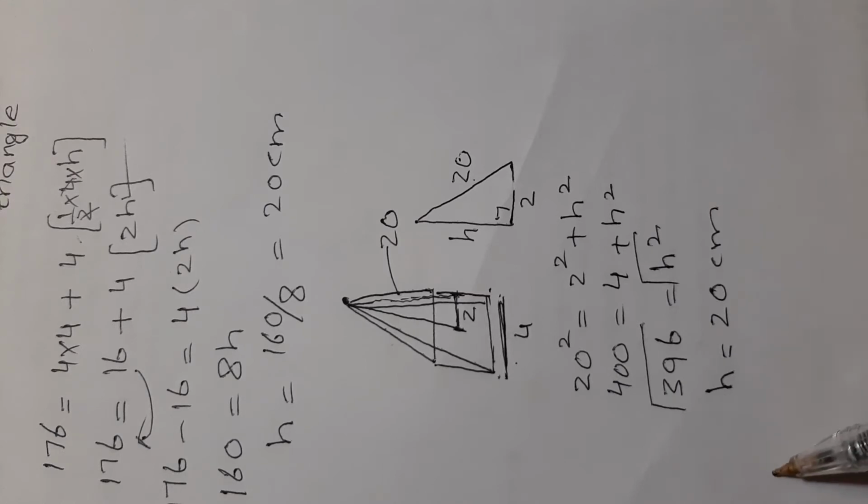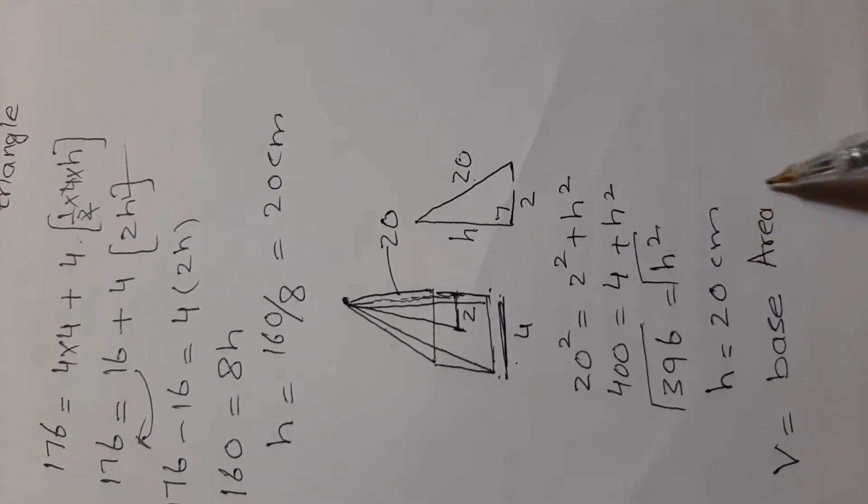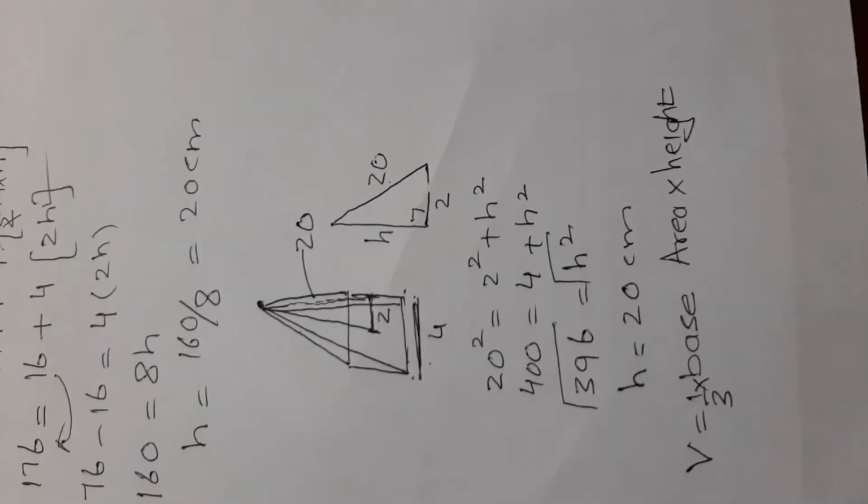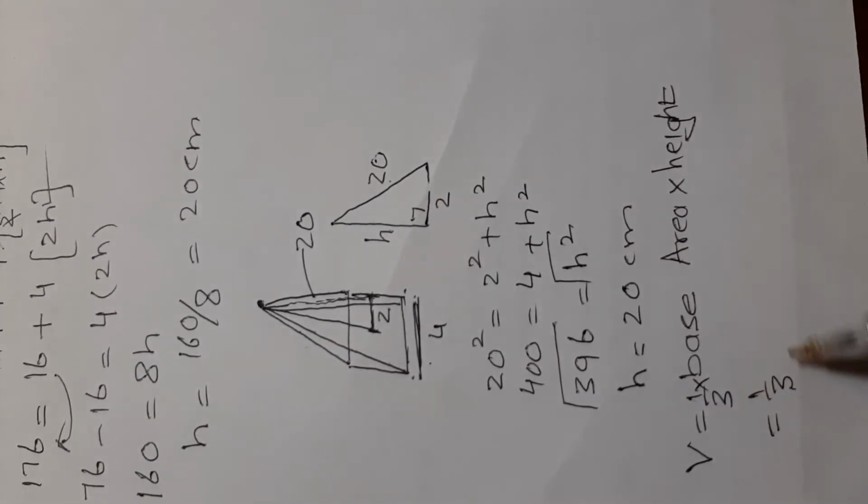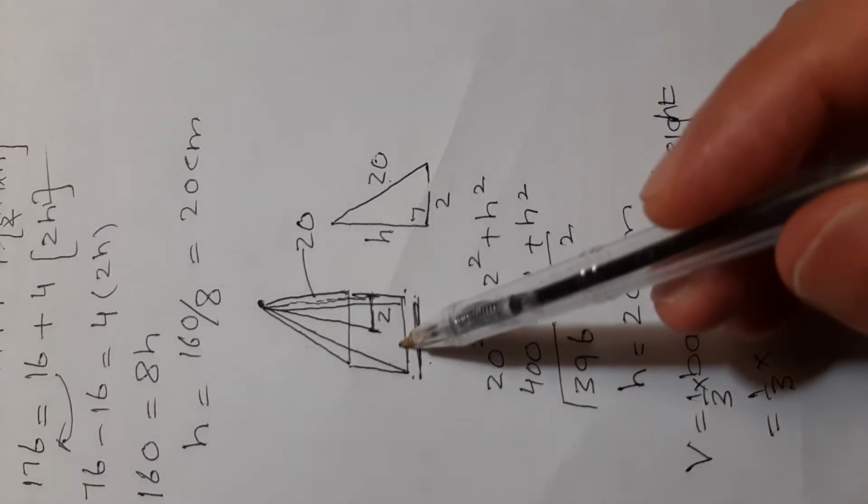Now if height is 20, the volume of the pyramid is 1 by 3 into base area into height. The base area is this square base.